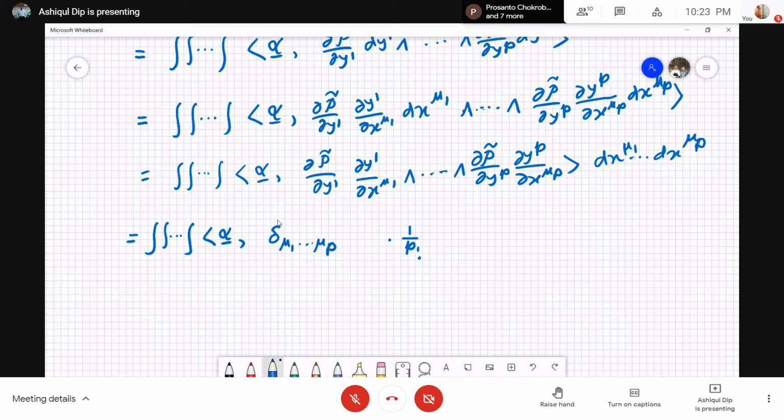Summed over mu1, and for x I'm actually substituting 1, 2, 3, so 1, 2 up to p. Yes, that's correct. So I have delta p tilde by delta y1, delta y1 by delta x1, and so on.